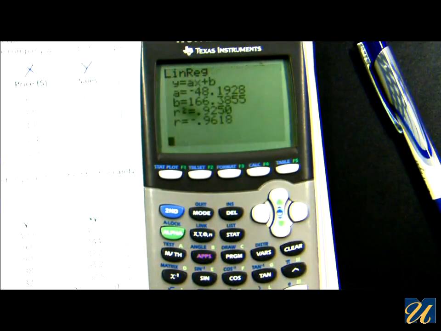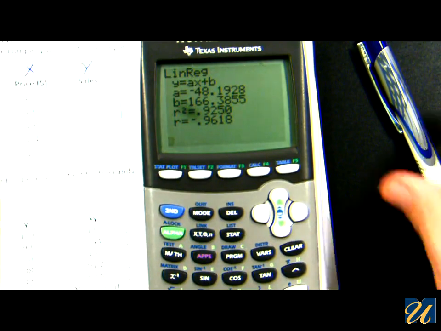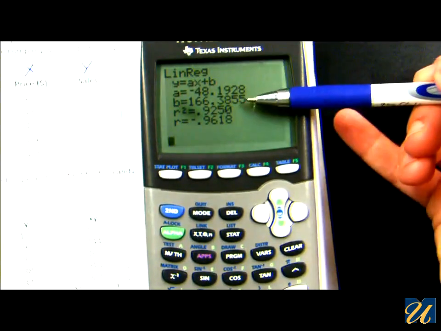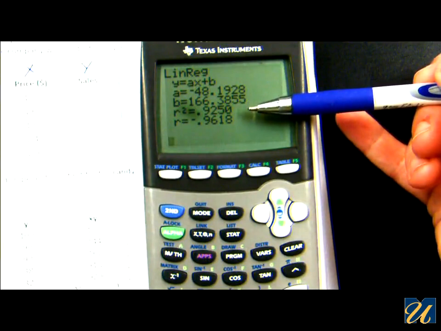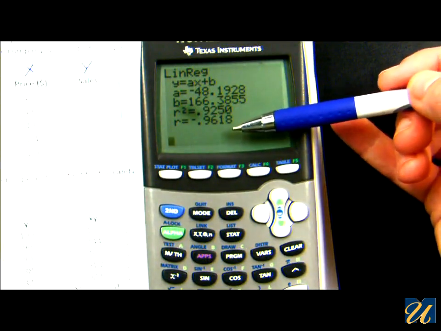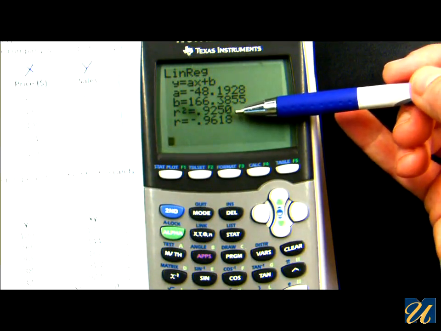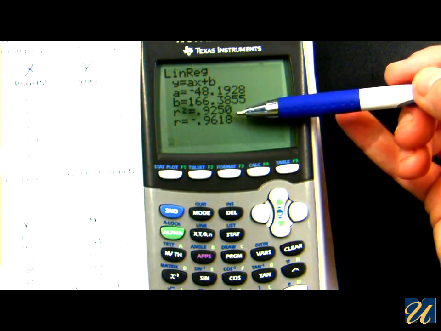Once you enter your data, stat calc number 4, and enter. So this is what we have. You have slope negative 48.1928, y-intercept 166.3855, correlation coefficient negative 0.9618, coefficient of determination 0.9250.